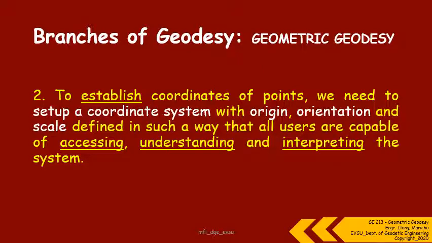The second objective of geometric geodesy is to establish coordinates of points, so we need to set up a coordinate system with an origin, orientation and scale.